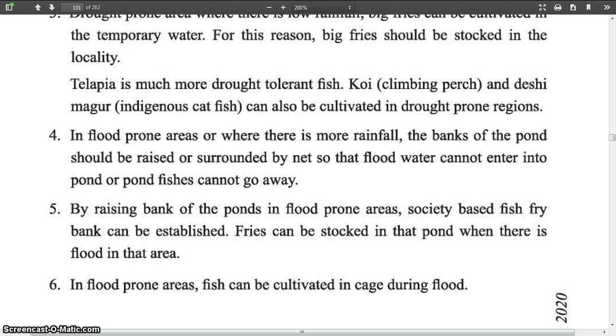Number 5 technique is, by raising the bank of pond in flood prone areas, society based fish fry can be established. Fries can be stocked in that pond where there is flood in that area.